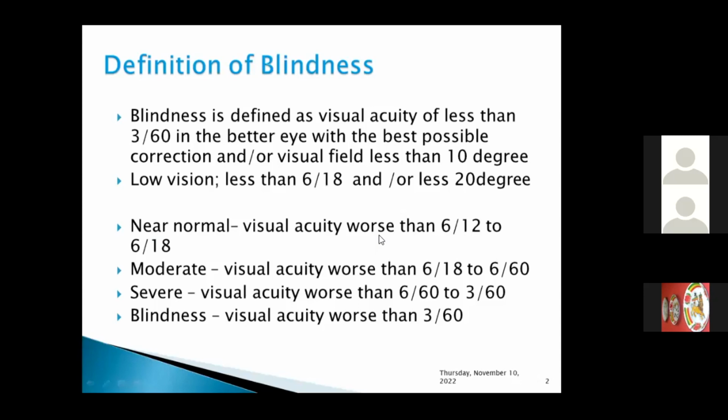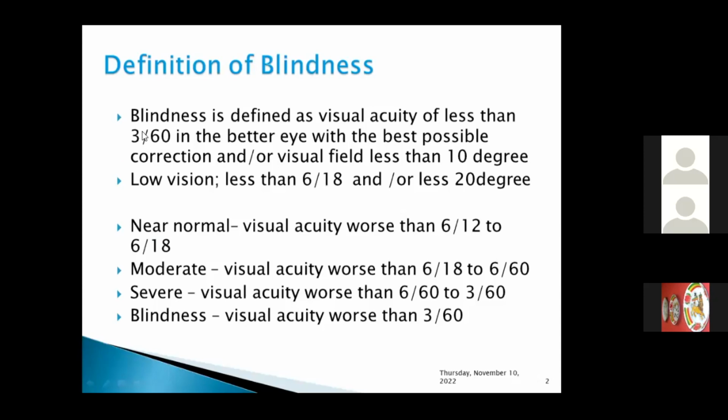What we mean by 3/60, 6/18, or this kind of numbers is that the denominator indicates the average normal person's capacity to see, and the numerator indicates the distance the patient can possibly see.